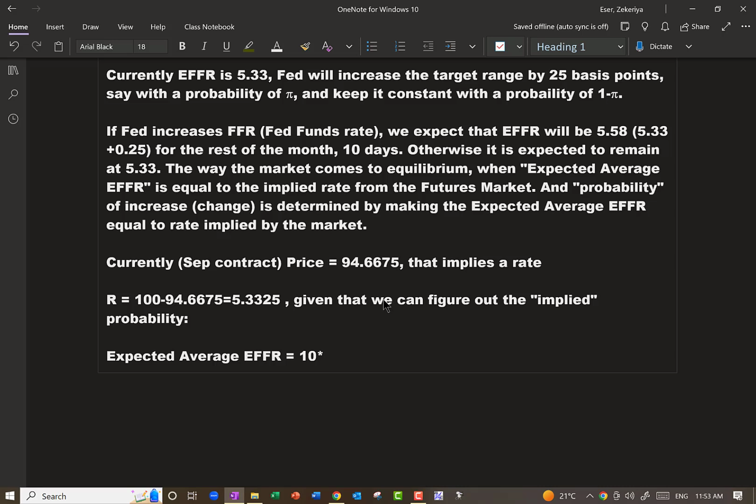For 10 days, okay? If it's increased, it's going to be 558. If it's not increased, it's going to be 533. That's for the next 10 days. And we also have 20 times 533, because all of that is before the Fed does anything.